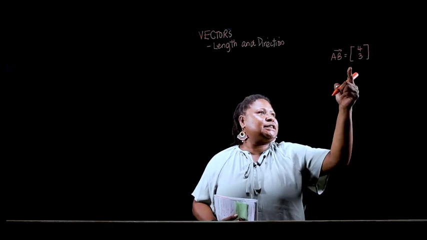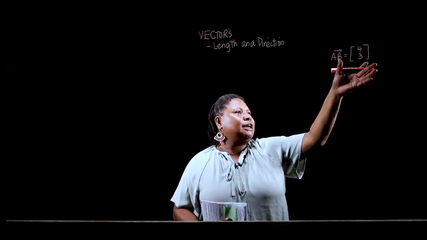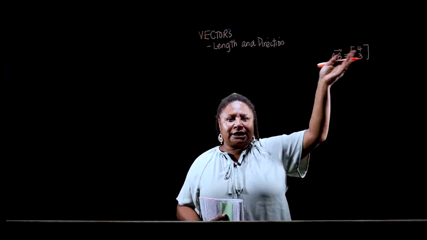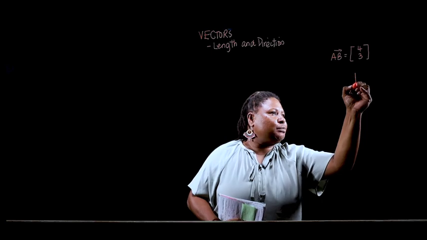We call this a matrix, given in terms of the x and the y. If I drew this on a Cartesian plane, it will make sense to you.